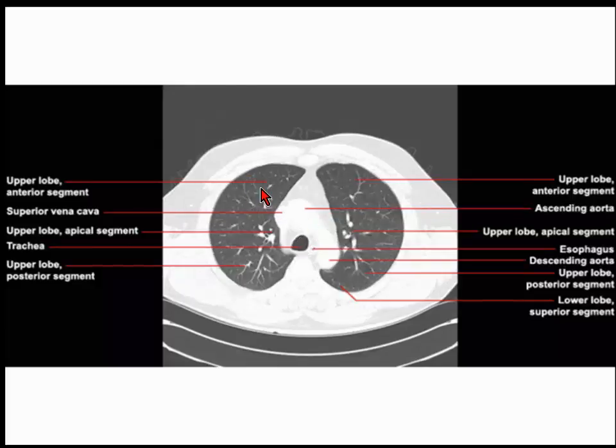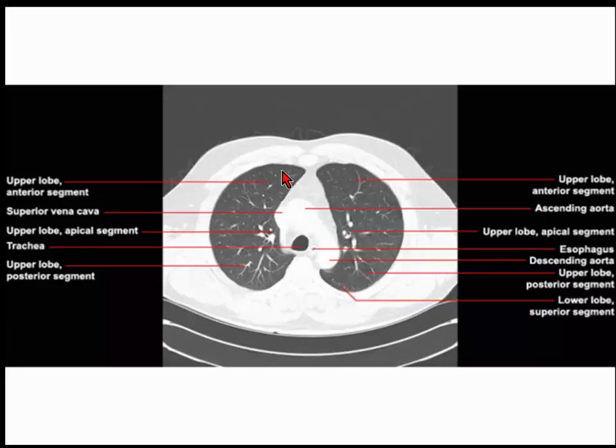So again, you've got anterior segments, IVC, ascending aorta, then the apical segment, posterior segment, and then I showed you the superior segment, so the apical segment of the lower lobe.